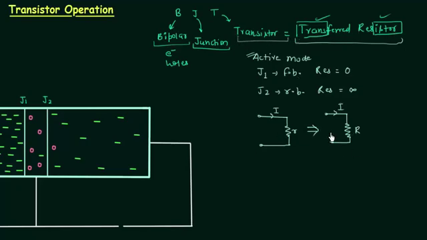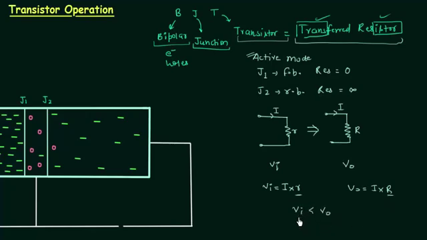There is a very significant use of this. For example, let's say VI is the input voltage and VO is the output voltage. We are measuring VI across this small resistance, and we are measuring VO across this large resistance. So VI is equal to I multiplied by R, and VO is equal to I multiplied by capital R. The current is the same and the input resistance is smaller than the output resistance, so we can say that VI is smaller than VO.